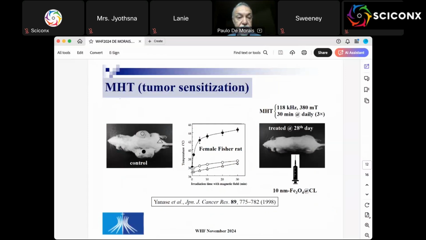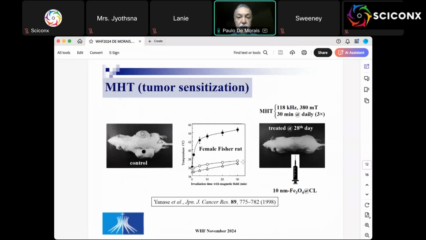The lower tumor is the one where they injected magnetic nanoparticles, actually magnetite nanoparticles. In the upper tumor, they didn't inject anything, but they recorded the temperature in the upper tumor, in the lower tumor, and in the body.